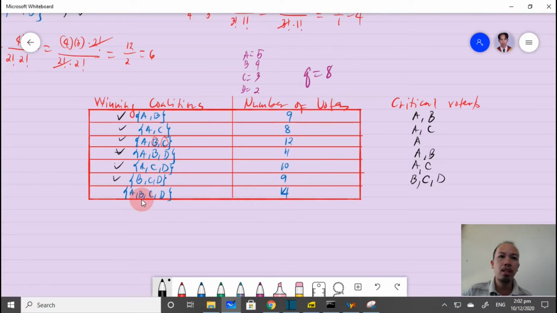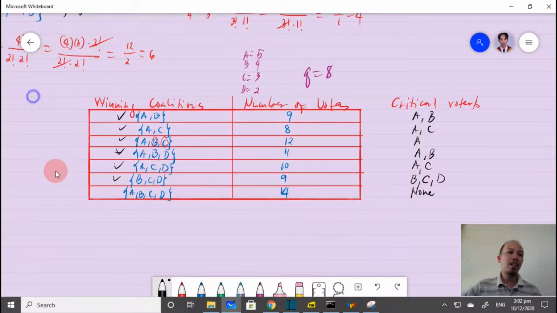B, 14 minus 4 is 10, B is not a critical voter. C, and so on. D is 2, 14 minus 2 is 12. So therefore, the answer is none. Here, none. No critical voter.